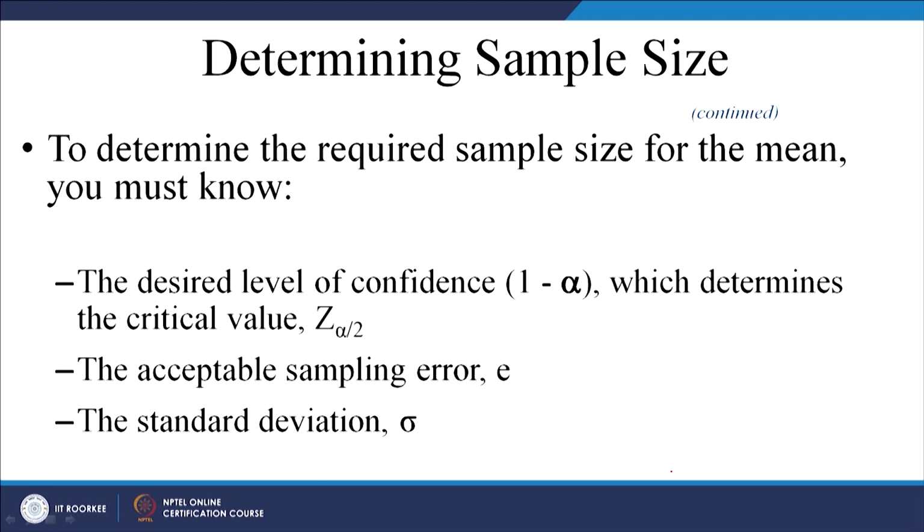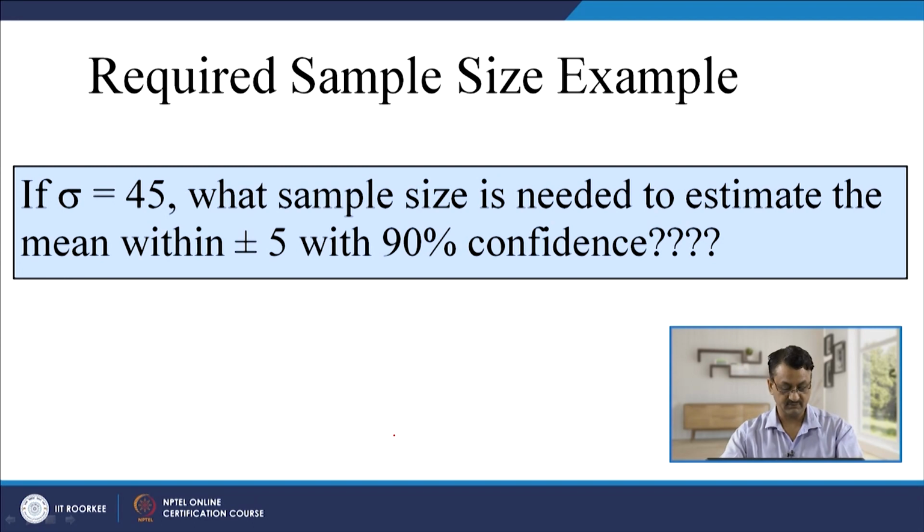For finding sample size you need the confidence level, then you will be finding the z value from the table, the error is required and the standard deviation is required. So, let us look at this particular question where standard deviation is 45.